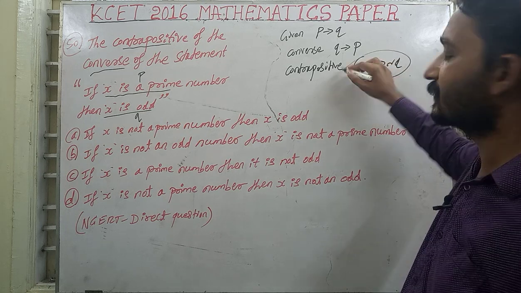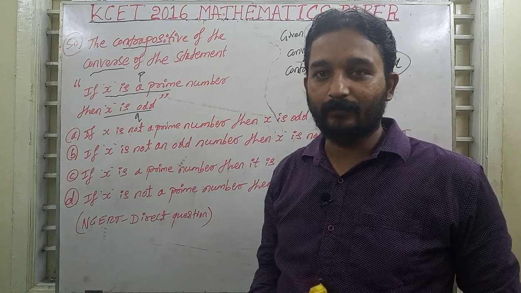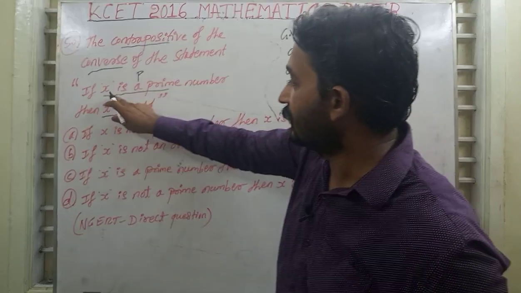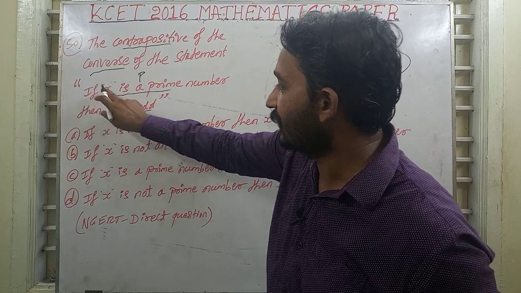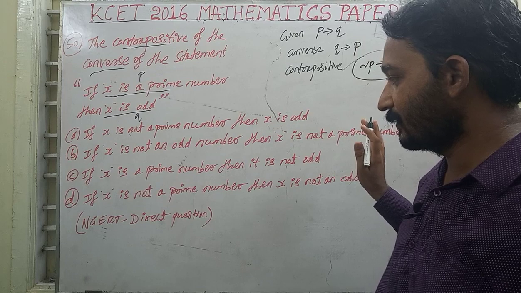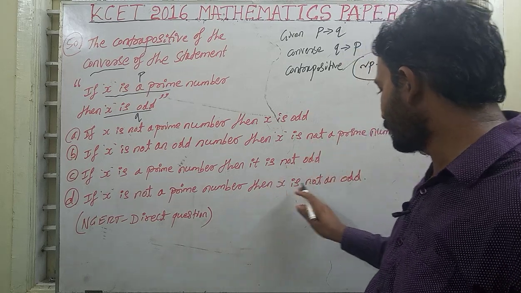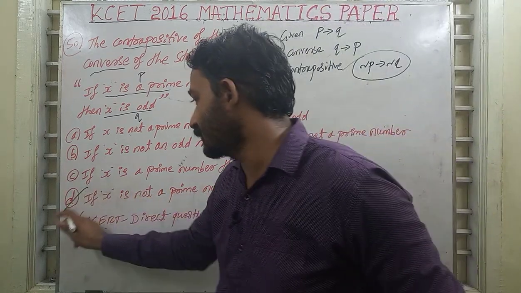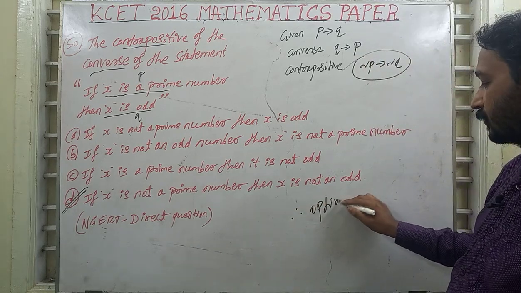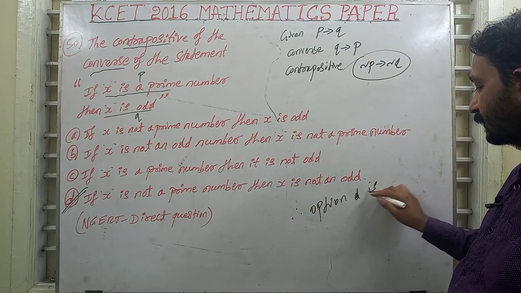So it means inverse of the given data. So what is the answer? Negation p then negation q. Negation p then negation q means if x is not a prime number then x is not odd. If x is not a prime number then x is not odd. Option D is good answer. So therefore option D is correct.